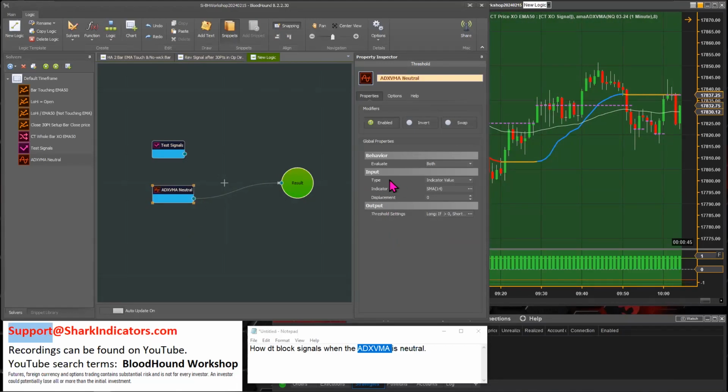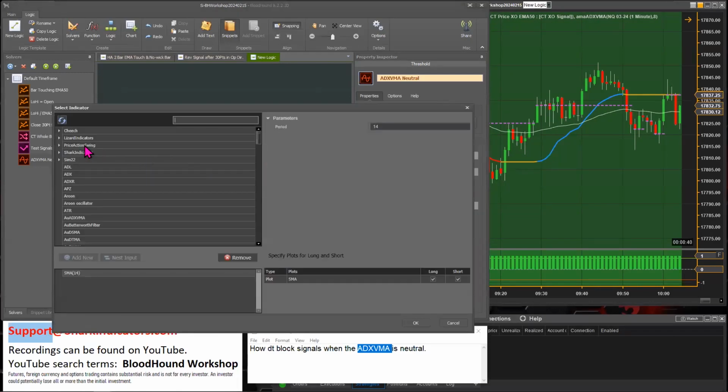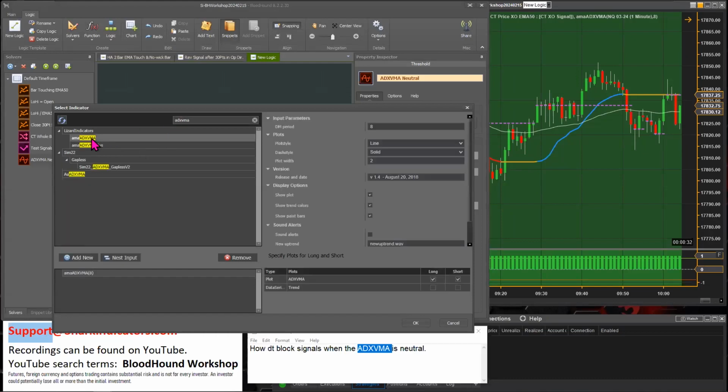All right, so let's plug in the ADXVMA into the indicators. There you go. We'll just do a little search. There it is. Now, the cool thing about the Lizard Trader indicator is it has this trend data series, right?